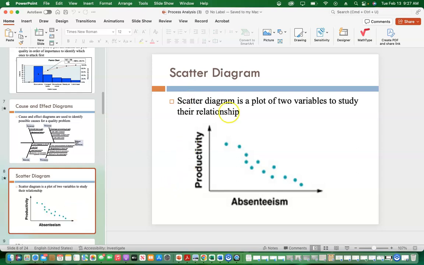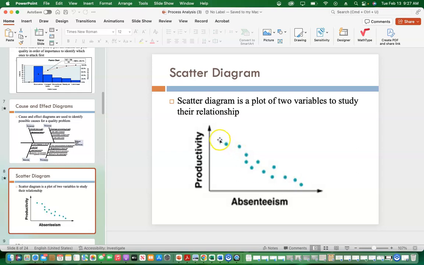And here is the example that we discussed, and that is productivity and absenteeism, meaning that we may assume productivity can be affected by absenteeism. And so data can be collected, and then we can apply a scatter diagram to see if there is a relationship between the two. Also, we could use correlation as we did.